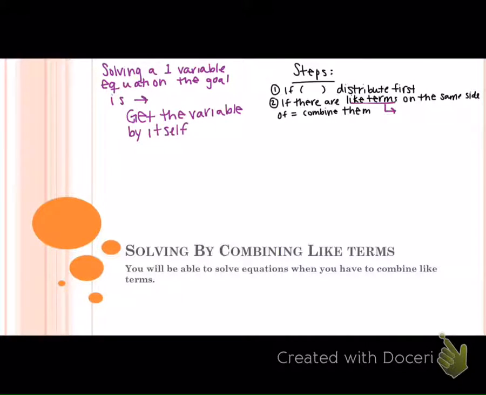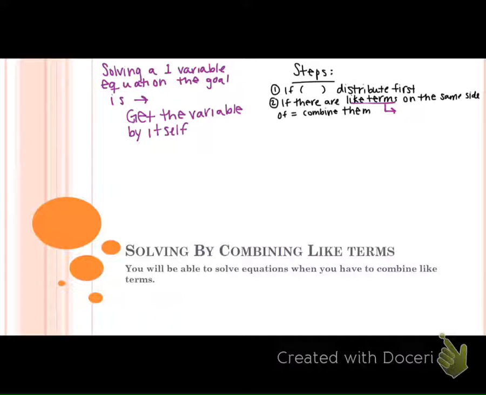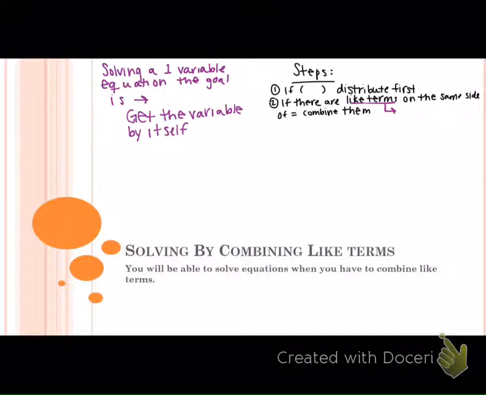They have to have the same variable and the same what? Anybody know? So to be a like term, you have to have the same variable and same exponent. So x and x squared are not like terms. They have to have the same base and same exponent.